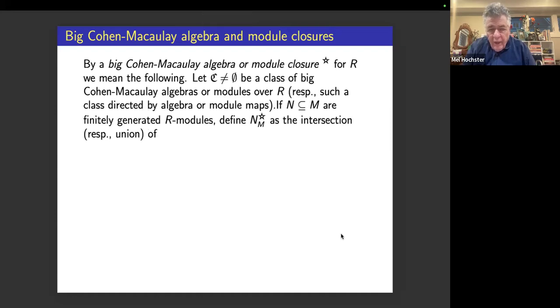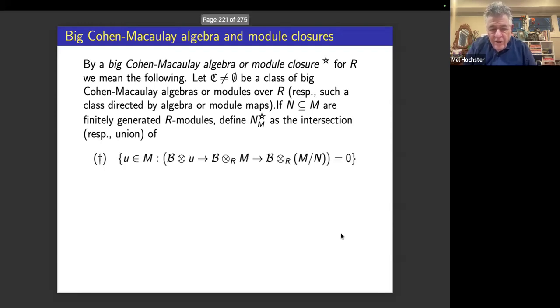And so then if you have finitely generated modules, you can define a closure. There are two things you can do. You can make the condition for every algebra, I'll say algebra for simplicity, or for some algebra. That is, you make the condition that the image of u times anything in the big Cohen-Macaulay thing is 0 when you go to B tensor M mod N. This is as B varies in the class.